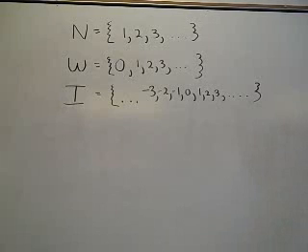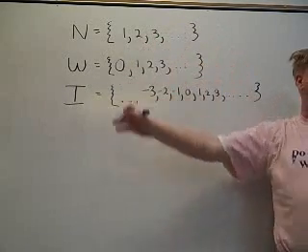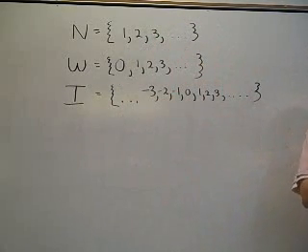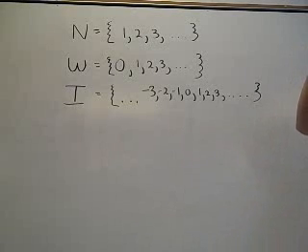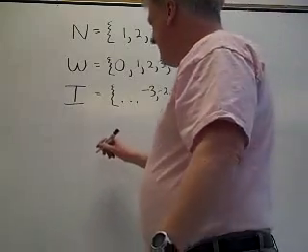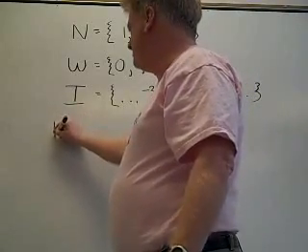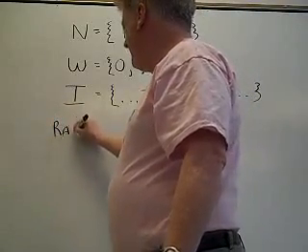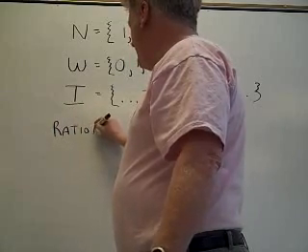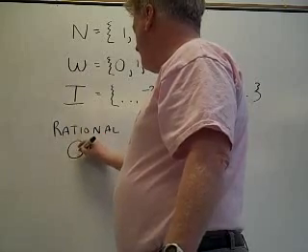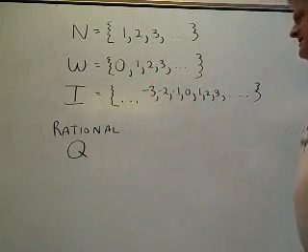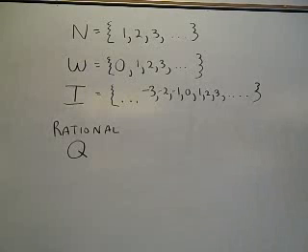Okay. So these three sets are the easiest to describe because you just describe a certain list of numbers. The next three sets get a little weird. This set is called the rational numbers. The symbol Q is often used.